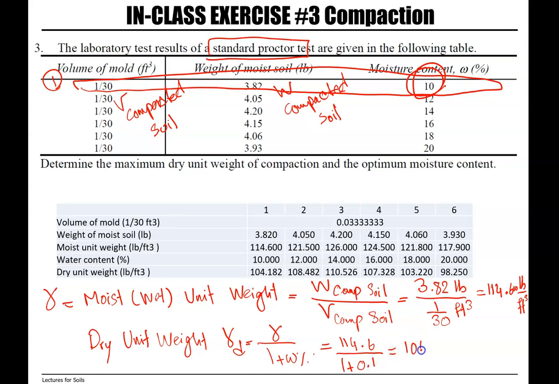That will give us the dry unit weight. So that's trial number 1. You need to repeat that for trials number 2, 3, 4, 5, and 6 to complete your table.